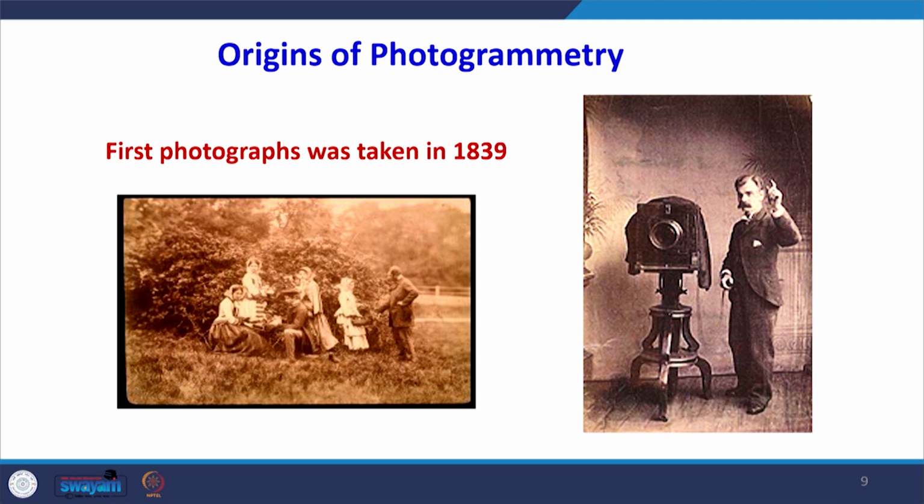Let us go back a little bit and see the origin of the photogrammetry. According to the literature, in 1839 the first photograph was taken. It was a very big kind of a camera, and there was a spool of film which was loaded onto it to expose it.